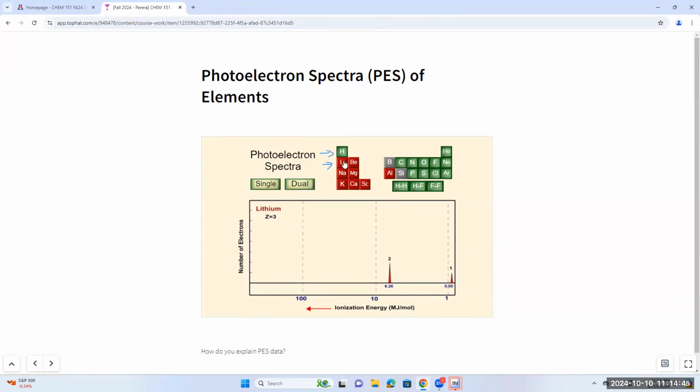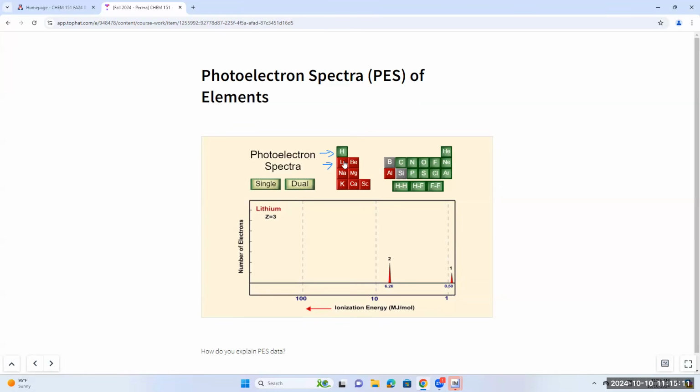Okay. Now, one of the questions you had to ask yourself was: should the peak with two electrons have a higher ionization energy or lower ionization energy? It should have a higher ionization energy. The reason is the electrons in the one with two are closer to the nucleus.